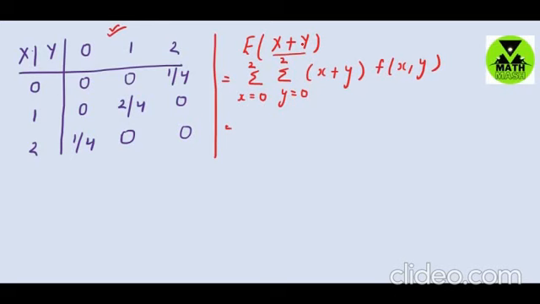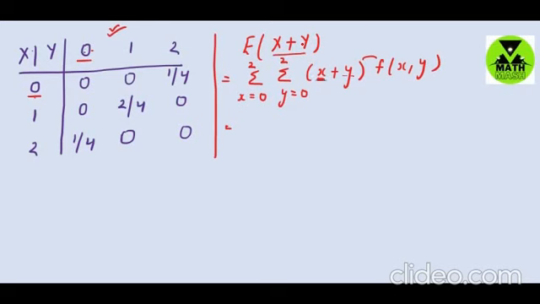So first add the corresponding values, that is x and y values, and then multiply it with the joint probability mass function. The first is when x is 0, y is 0, so 0 plus 0, because this time we have to add these two random variables x and y.